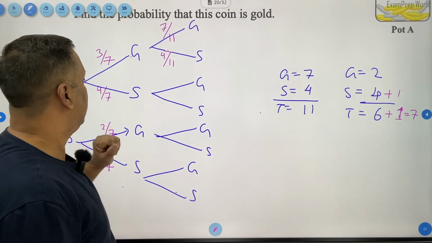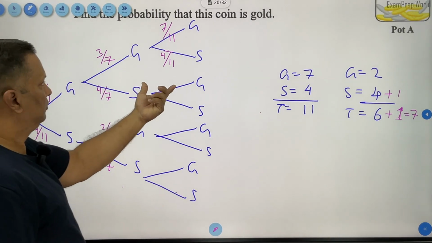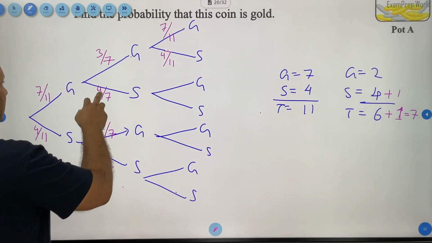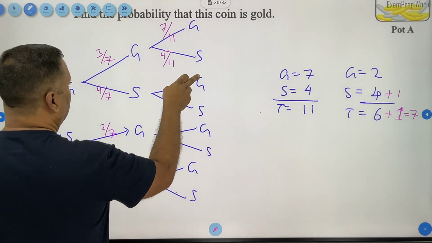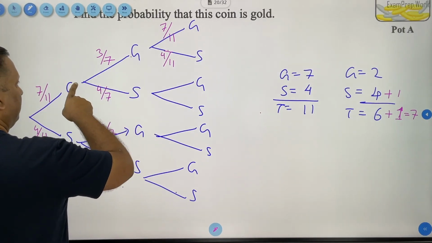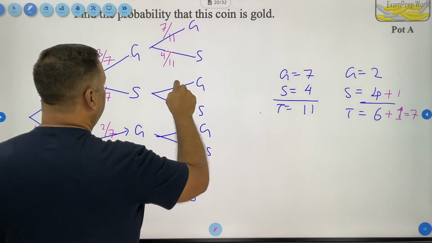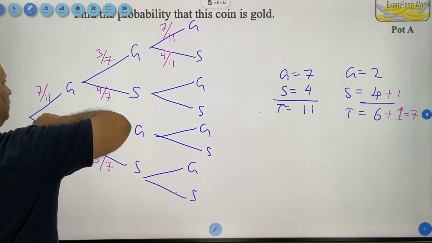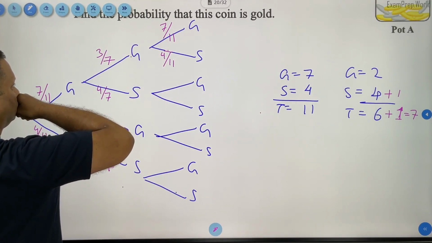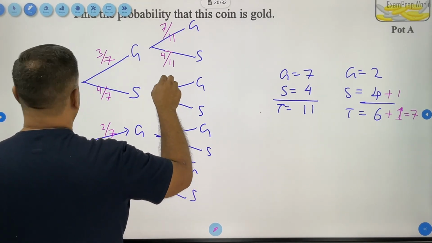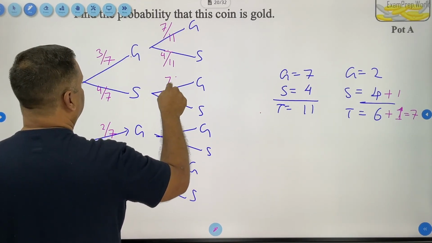If silver comes back. Now selecting gold. Gold, silver, gold. If second is silver, that means the gold didn't go there. So gold are how many originally? First gold came. So number of gold is still 3, and once it is back, so it will be once again 7 on 11.